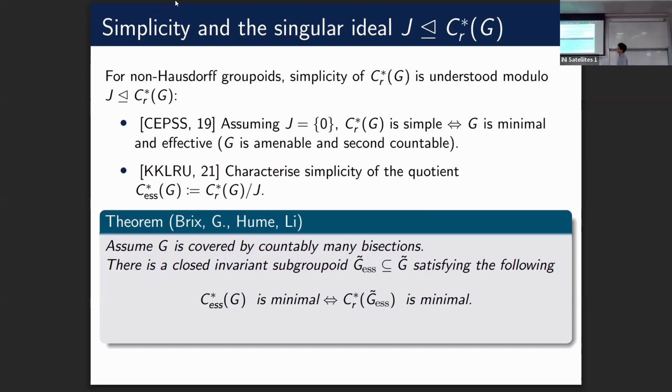So for this quotient C-star algebra, its simplicity is equivalent to minimality of the reduced C-star algebra of this new groupoid. Oh sorry, this is meant to say simple, not minimal. Okay, but anyway, simplicity of this C-star algebra is again reduced to the case of Hausdorff groupoids. And in fact, this allows us to recover the 2 previous results.